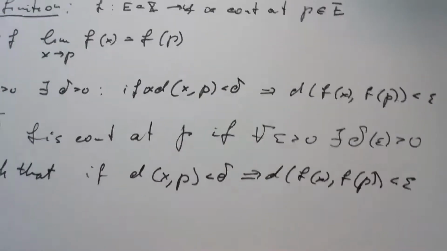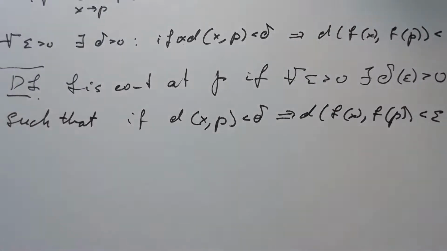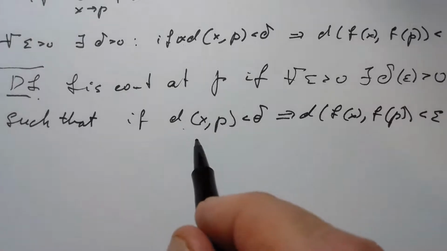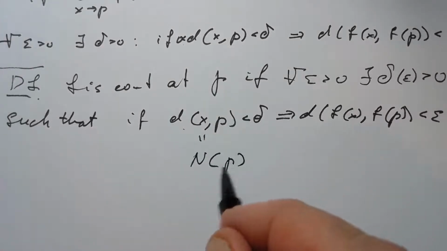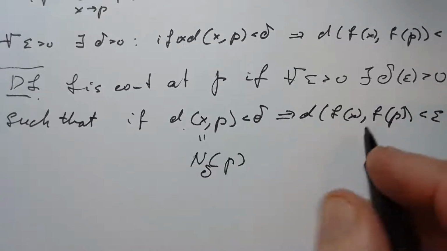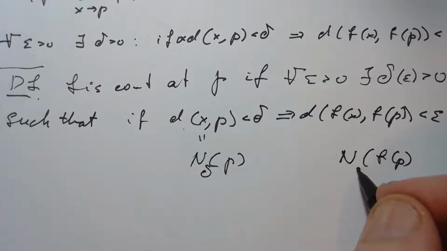Okay. Let's redo this definition one more time. So what this means is, what is this? This is the neighborhood of P of radius delta, and this is the neighborhood of f of P of radius epsilon.